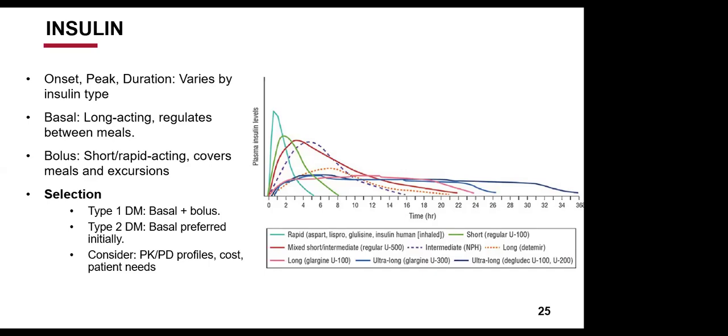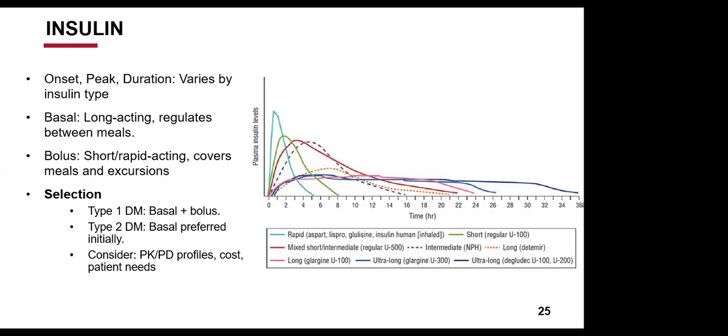So another thing you need to put into consideration is the cost of the insulin, especially in our setting. We know the intermediate acting, which is NPH, is the most common here, and it is quite cheap.